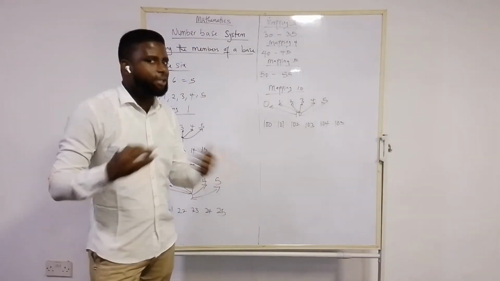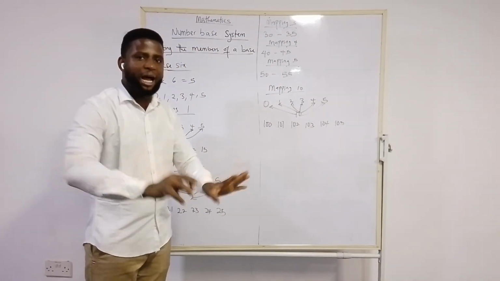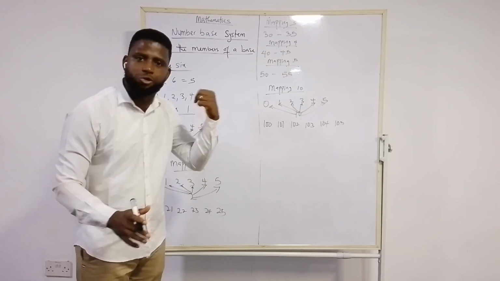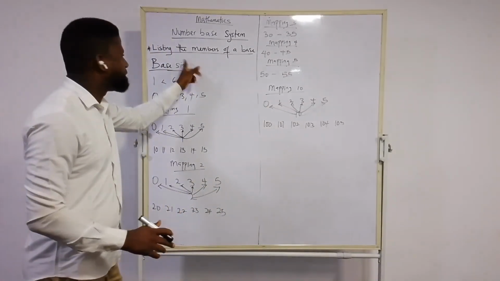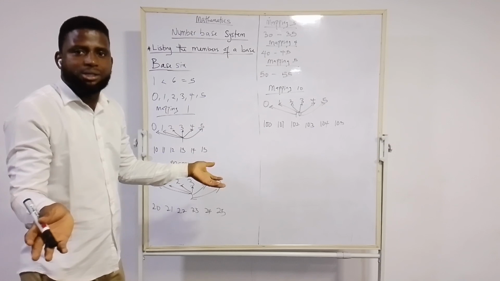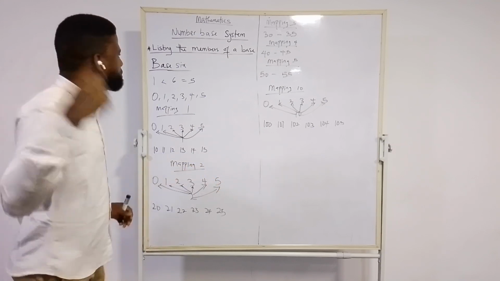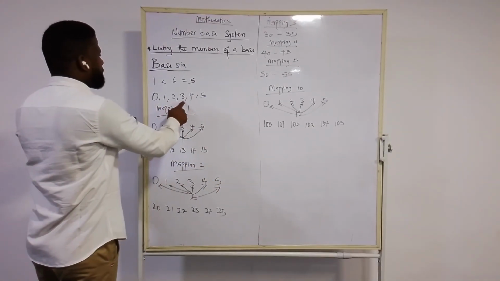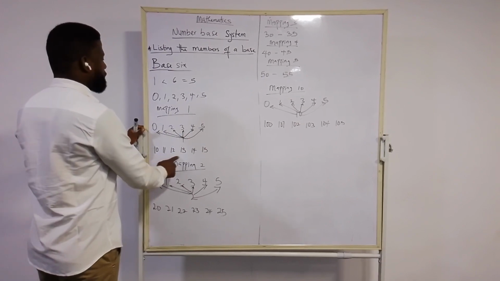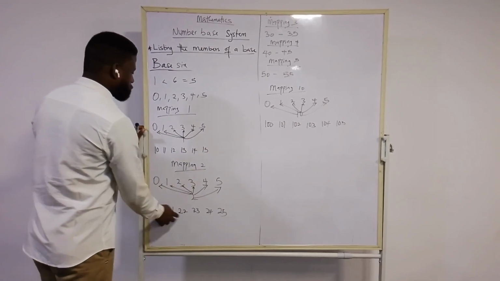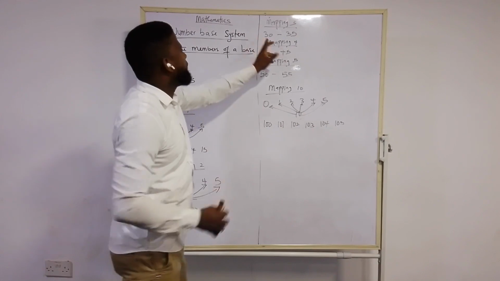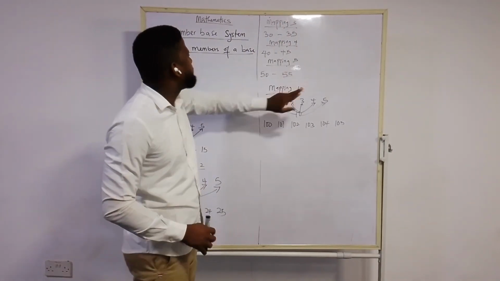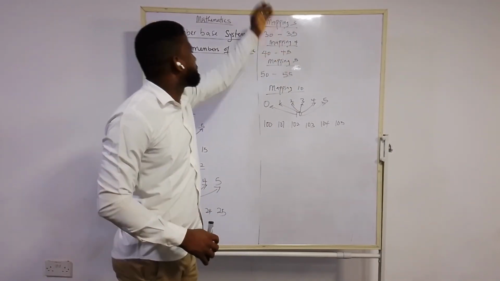So let's assume that our natural number base now is not base 10, but base 6. How will our counting look like? Our counting will look like 1, 2, 3, 4, 5, 10, 11, 12, 13, 14, 15, 20, 21, 22, 23, 24, 25, 30, 31, 32, 33, 34, 35, 40, 41, 42, 43, 44, 45.